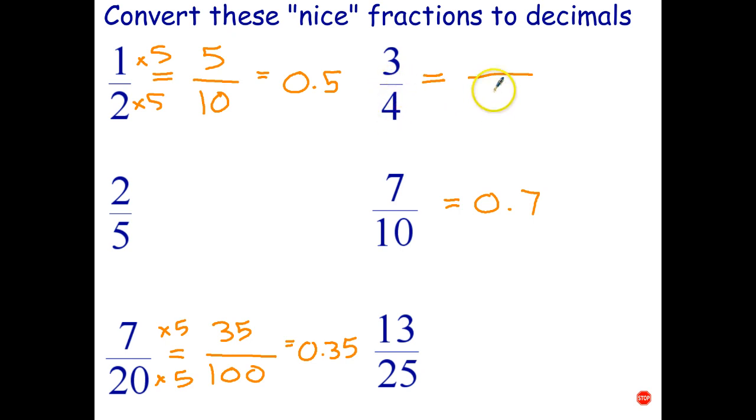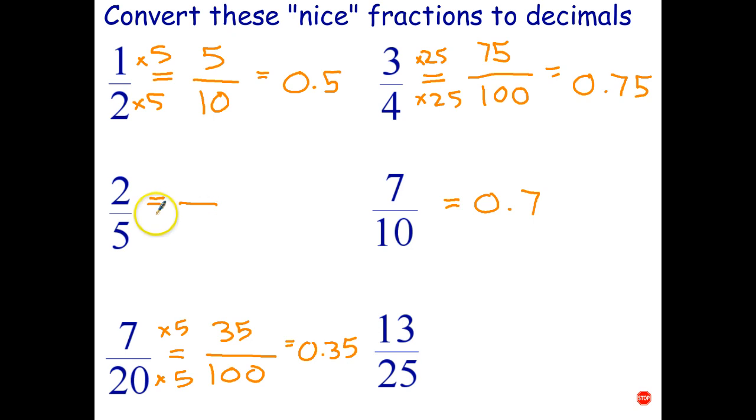Well, I can't make it into tenths, but I can make it into 100 by multiplying by 25. 4 times 25 is 100. 3 times 25 is 75. And that gives us 0.75.